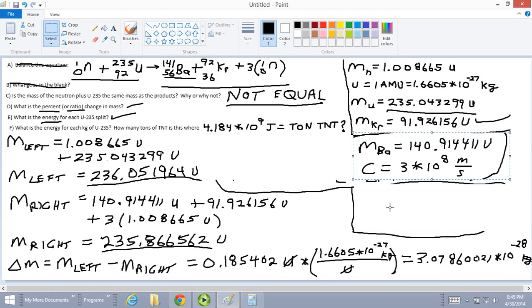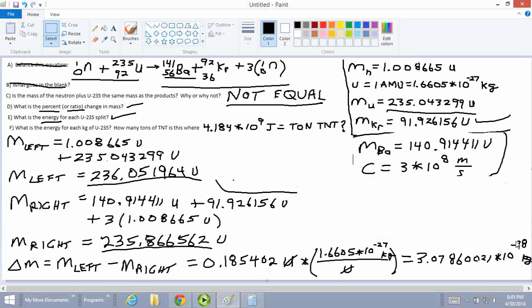There. Get it out of the way a bit and get rid of some of this. That's one nice thing about computers. We might not have a whole bunch of whiteboard space, but we can do other things to help us get more space.